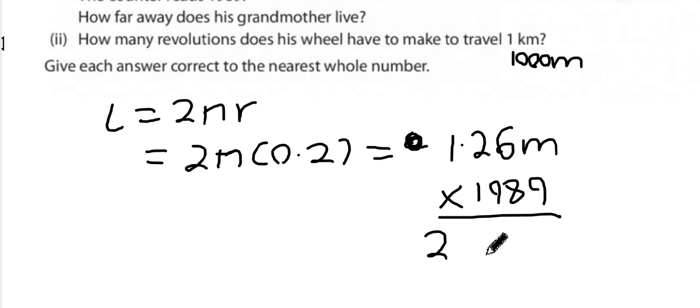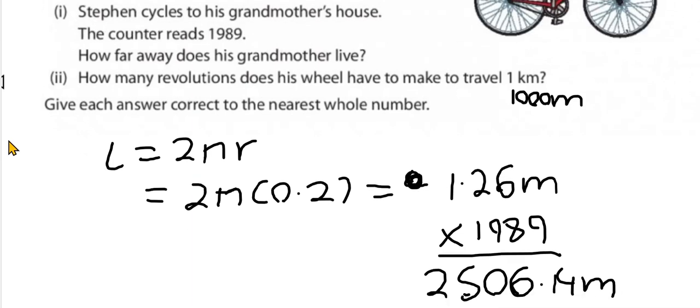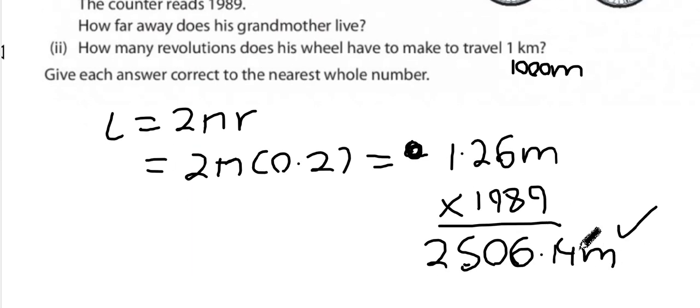Anybody else get it? 2506.14. And that is how far you've gone, yeah? And that's Grant. So his granny lives 2.5 kilometers away, isn't it? Yeah.